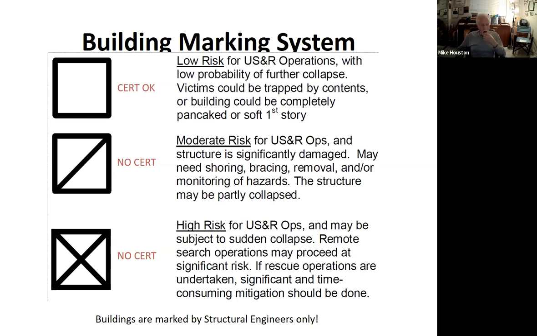Be careful of overhead power lines, overhead limbs of trees, that sort of thing. But you can still do a 360, you can still do something, you can still document what you do, and you can still notify command post that you've done the 360, the structure is labeled by a structural engineer, no CERT can enter, but this is what we found out. So there's still a lot we can do.